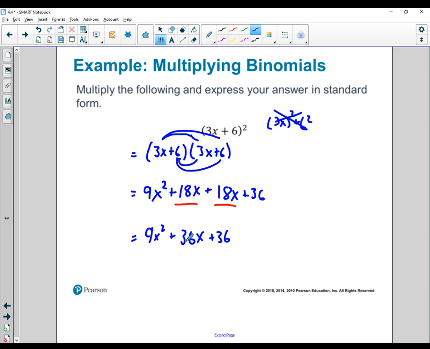And no, it will not always be the case that these last two numbers are going to be the same. That is just a coincidence in this one. That's these two, the 18x plus the 18x. Yep, and that's how we got the 36x.